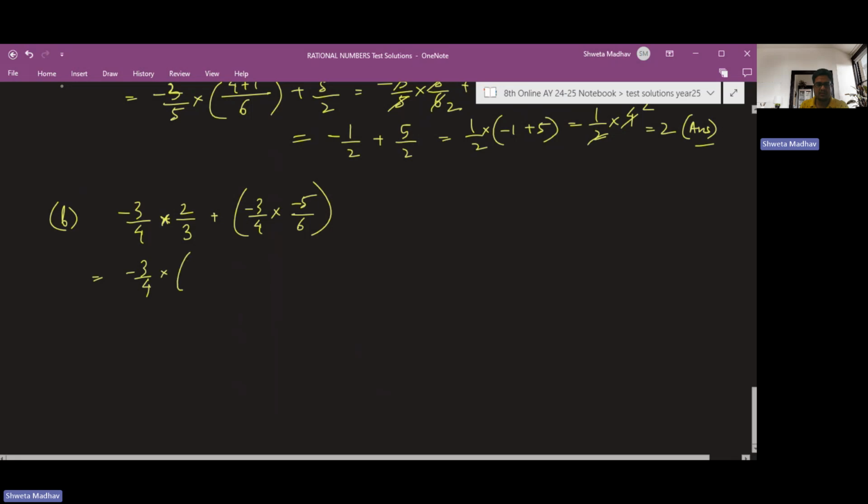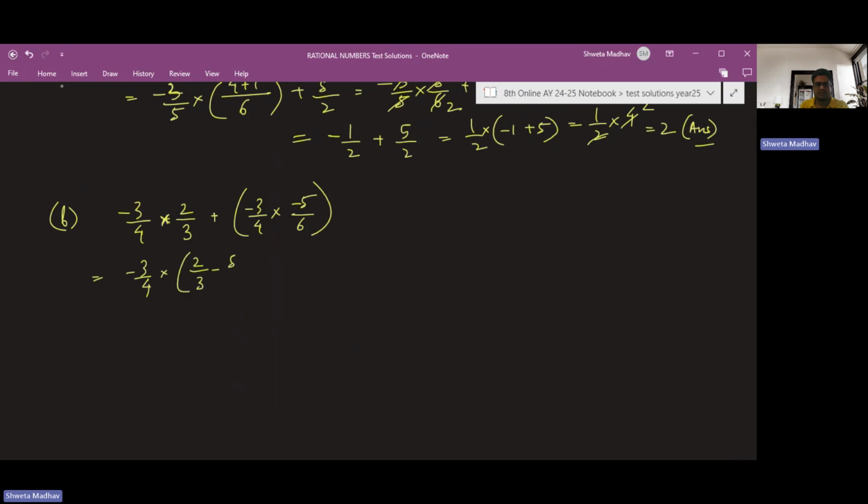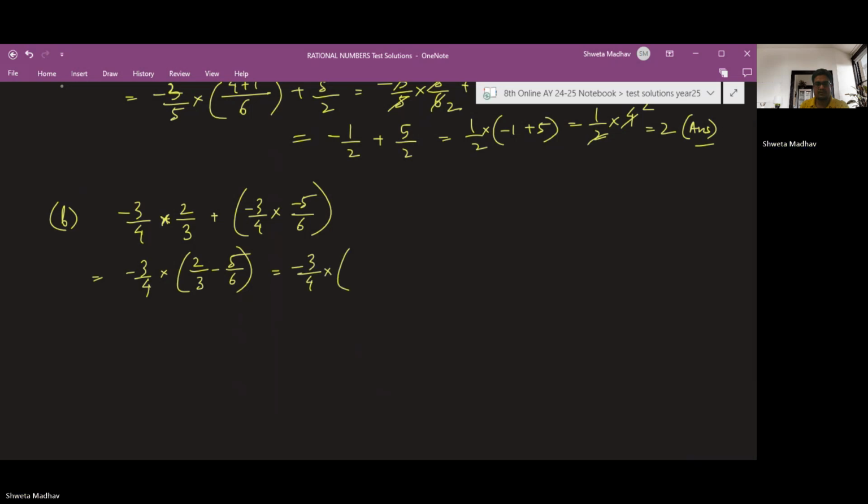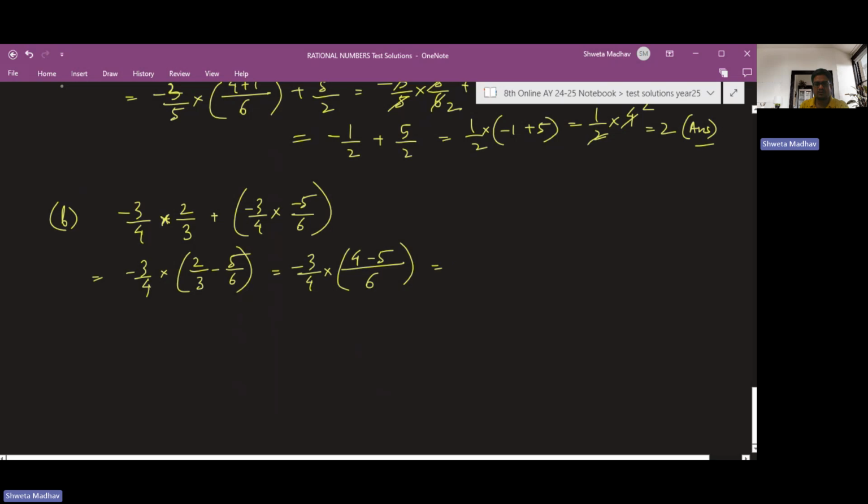So minus 3 by 4 into (2 by 3 minus 5 by 6). And then you can write this is minus 3 by 4 into, we can take the LCM of 3 and 6, that is 6. And 3 2s are 6, then 2 2s are 4, 4 minus 5. So that will be equal to minus 3 by 4 into minus 1 by 6.